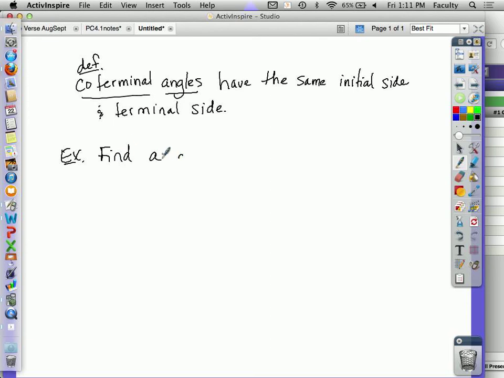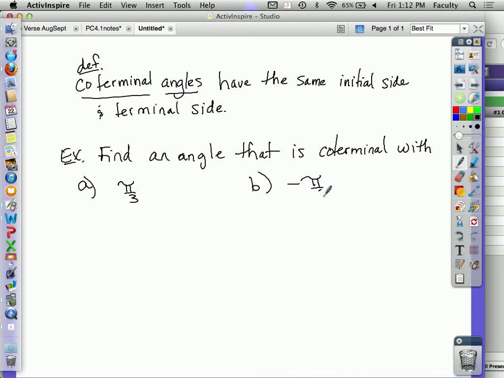Find an angle that is coterminal with, and in A, let's do pi over 3, and in B, we're going to do negative pi over 8.